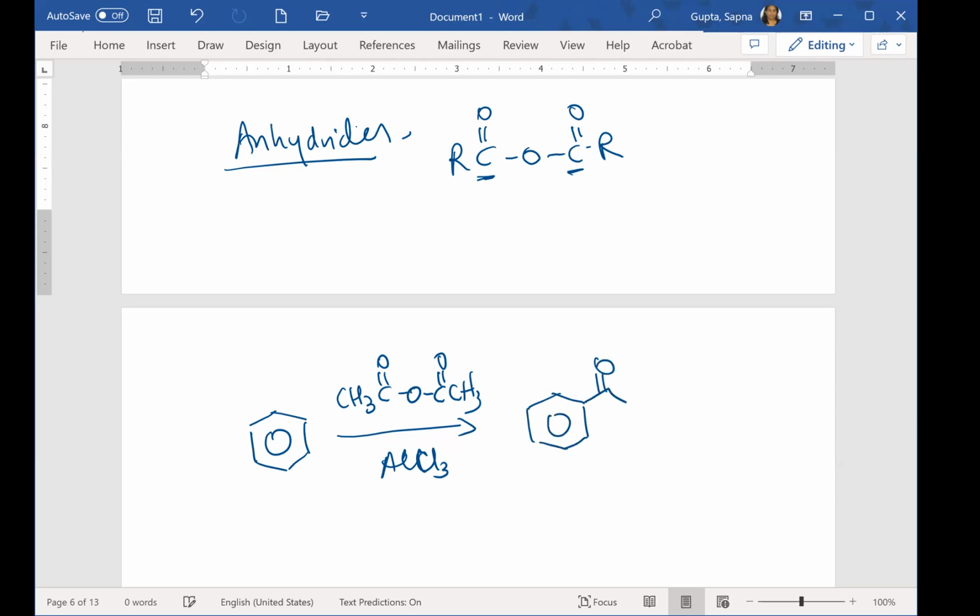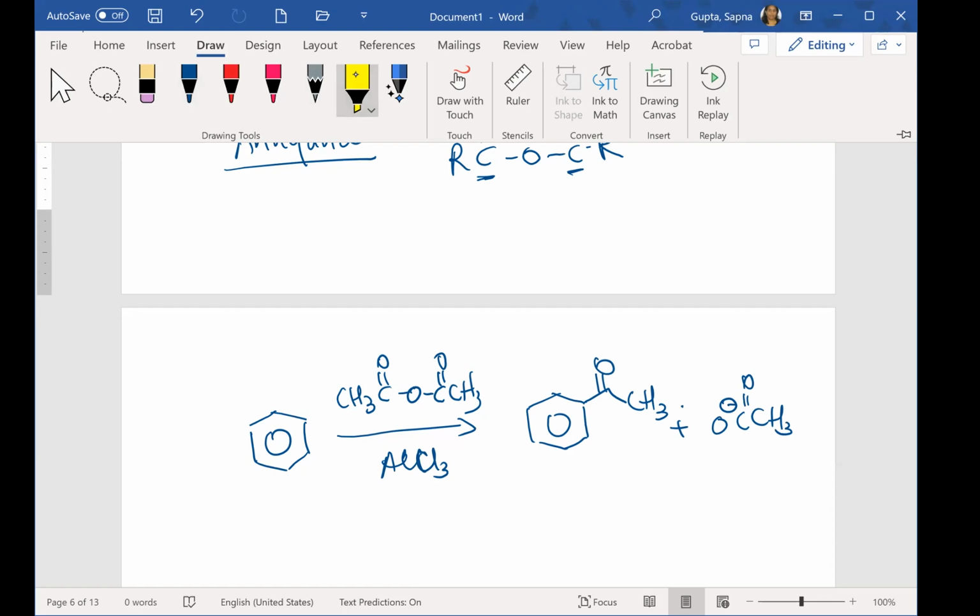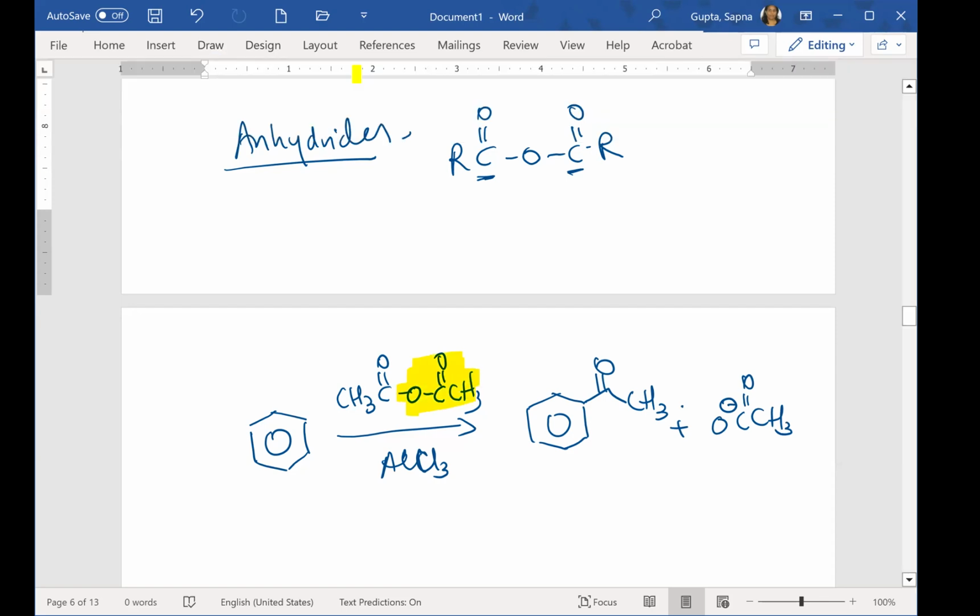And your product is still acetophenone plus, I'm just writing it like this so you can keep the correct frame of mind, that's the leaving group.